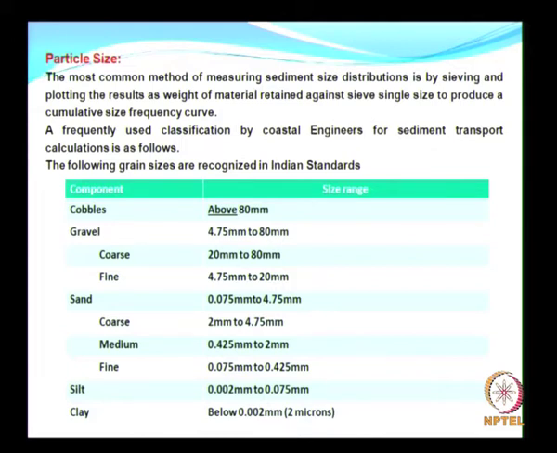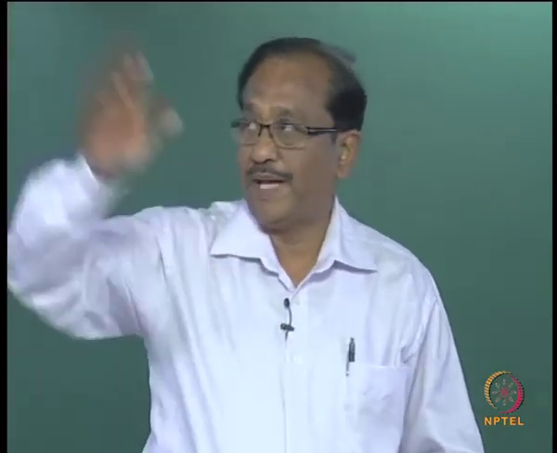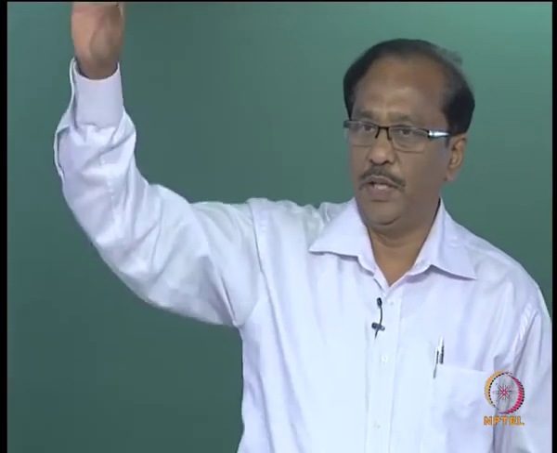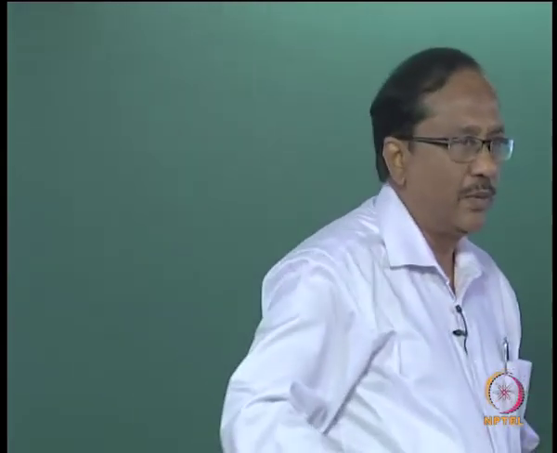The simple example is, even if you are not a civil engineer, I am sure that you would have noticed a sieve, a bigger one, on a construction site, particularly when you want to plaster the wall. When you want to plaster the wall, you would like to have a smooth surface, right?